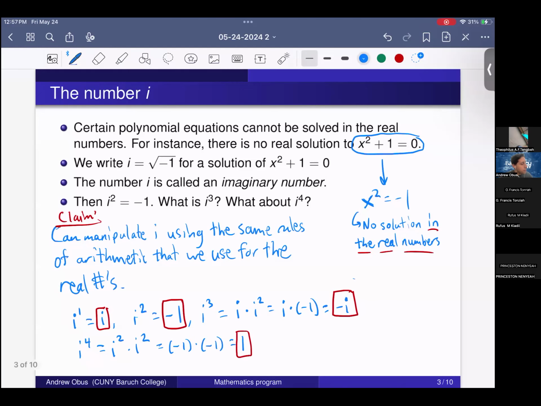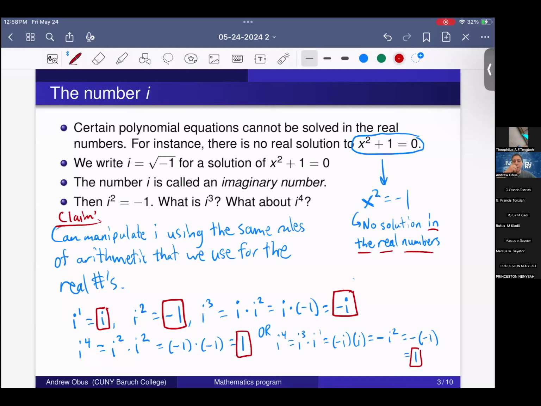Or I could say i to the 4th equals i cubed times i to the 1. We already saw i cubed is -i, and i to the 1 is just i, so that's -i times i, which is the negative of i squared. But i squared is -1, so that's the negative of -1, which is again 1.